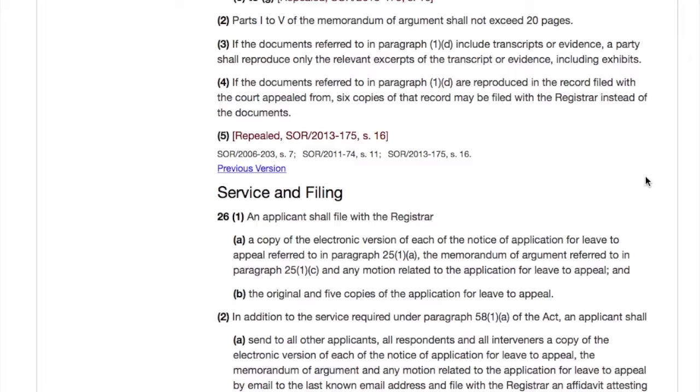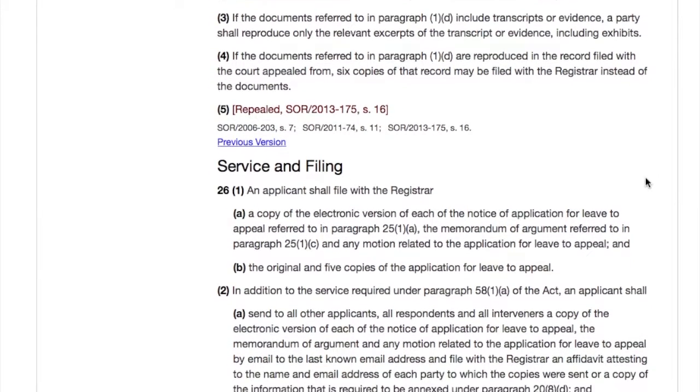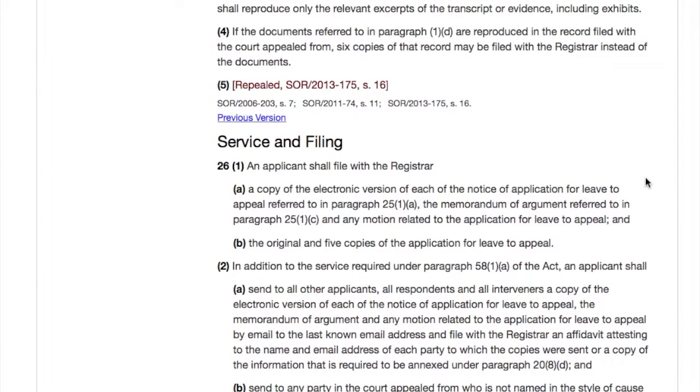And they look for a 2-page letter setting out why you believe the registrar should give you a fee waiver. So that is not something that the court readily advertises, but it's good to know.